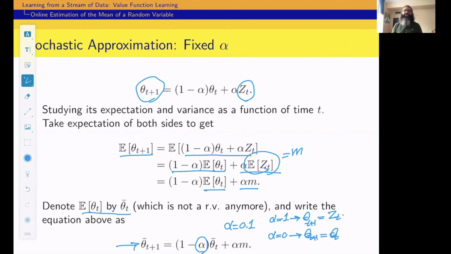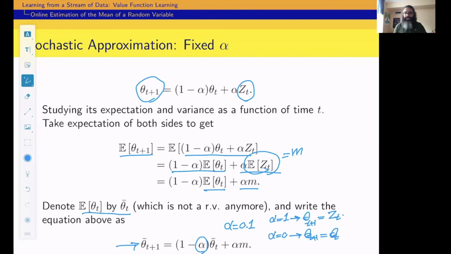So in that case, it doesn't converge to anything. Well, it converges to 0, which is different from m, most likely. So these extremes don't seem to be very suitable. 0 doesn't make sense. With 1, in expectation it's true, but it is just following the past value.